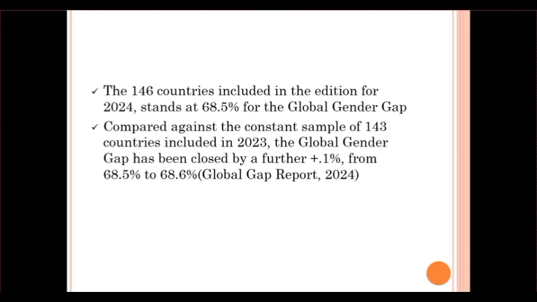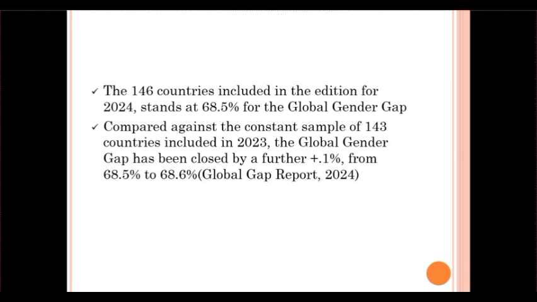And this is the statistics based on the World Economic Forum. This is the Global Gender Gap Report for 2024, according to the World Economic Forum. They stated that the 146 countries included in the edition for 2024 stand at 68.5% for the global gender gap closed.